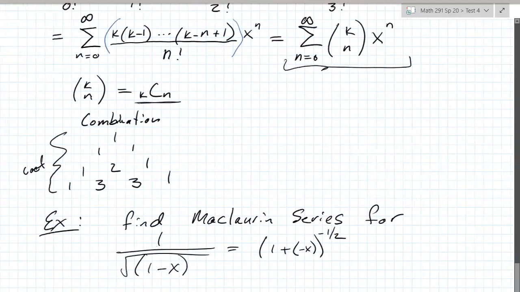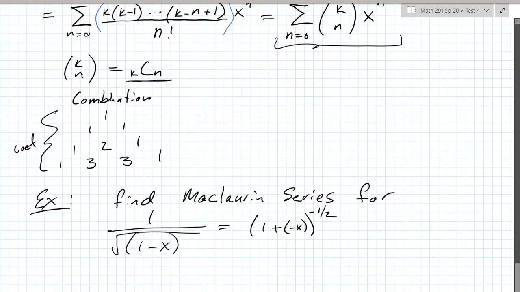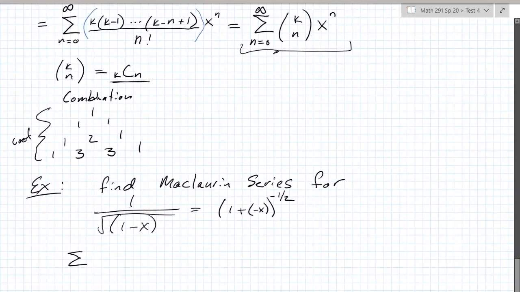So if I look back at my formula there, then this says our expansion is the sum of, parentheses, what's our k? Our k is a negative 1/2.